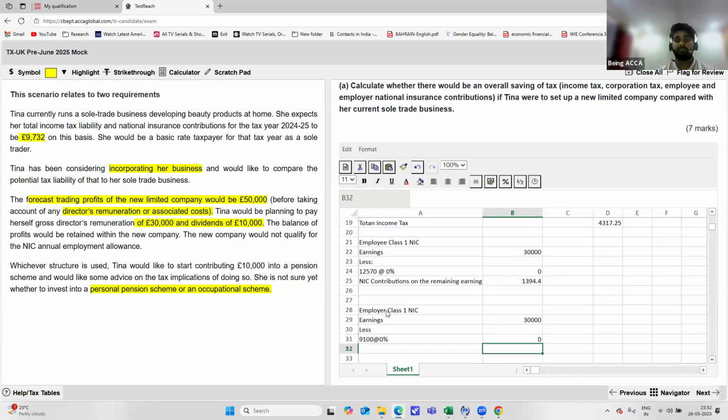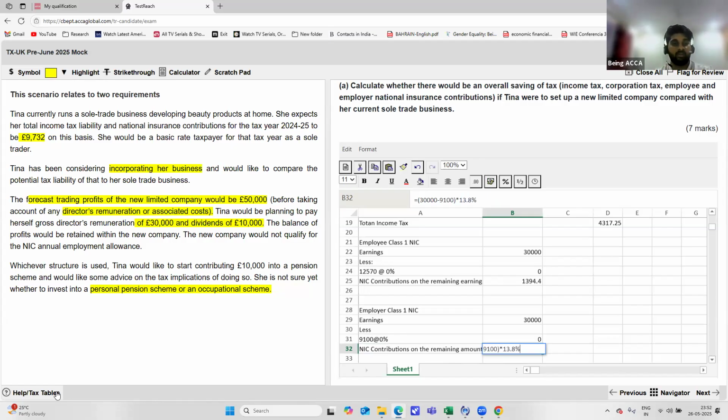We can keep it 0. And NIC contributions on the remaining amount is equal to, open brackets, 30,000 minus 9,100 into 13.8%.